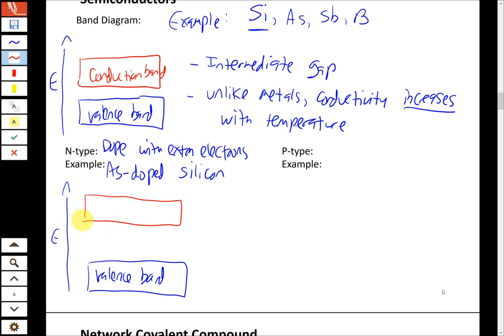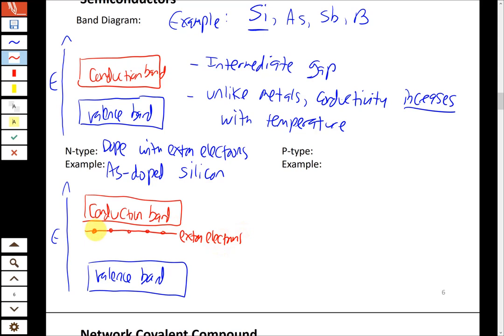These are energy level diagrams where the valence band is lower in energy and the conduction band is higher in energy, just like in a molecular orbital diagram. But when you have N-type doping, for example arsenic-doped silicon, you're adding some atoms to the structure that have more valence electrons, and you're putting some filled energy levels close to the conduction band. So in arsenic-doped silicon, some of those extra valence electrons from arsenic end up in energy levels that are close to the conduction band.